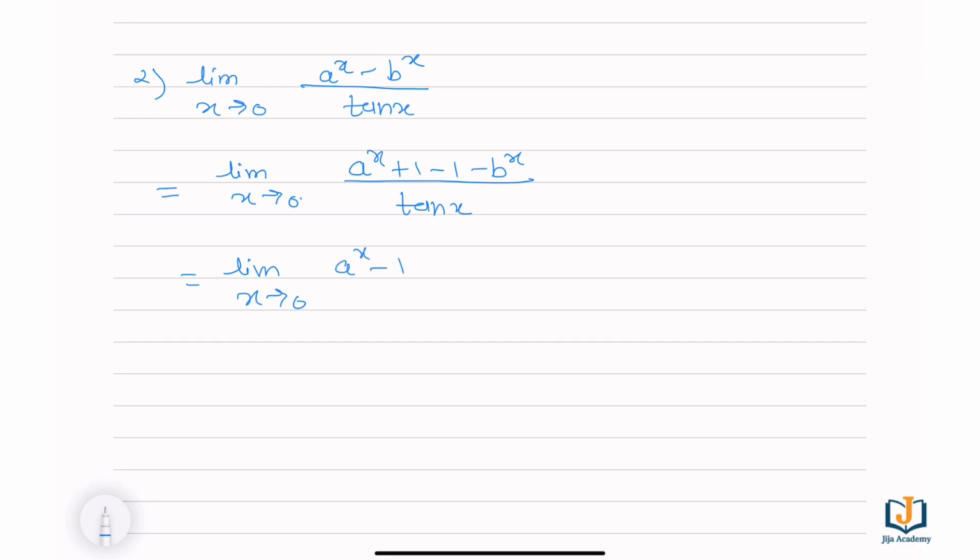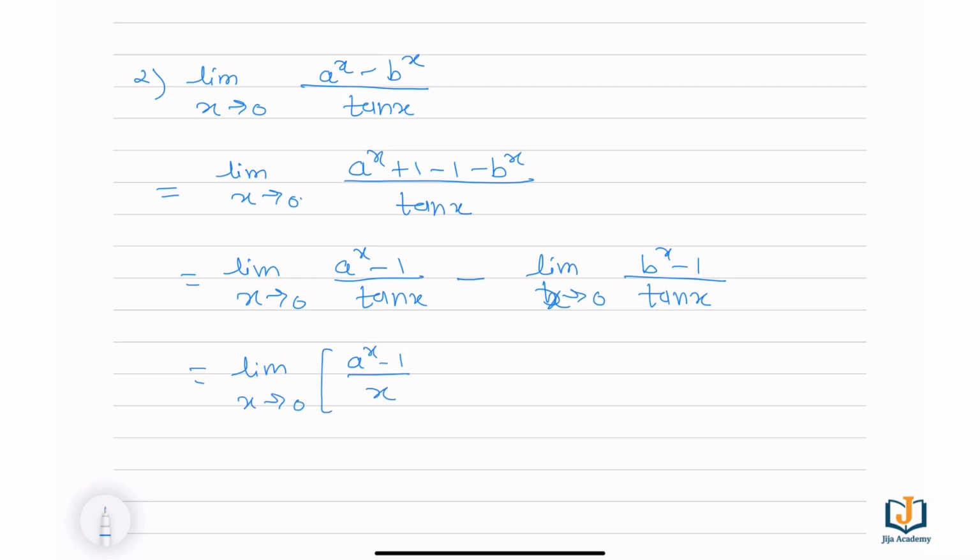Limit (a to the power x minus 1) divided by tan x minus limit x tends to 0, (b to the power x minus 1) divided by tan x. So limit x tends to 0, (a to the power x minus 1) upon x into x upon tan x, minus limit x tends to 0, (b to the power x minus 1) upon x into x upon tan x.